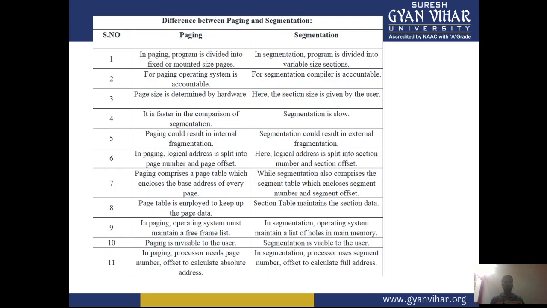Paging could result in internal fragmentation. In paging, the logical address is split into a page number and offset, but in segmentation the logical address is split into a section number and section offset. Paging comprises a page table which includes the base address of every page, while segmentation comprises a segment table which includes the segment number and segment offset.